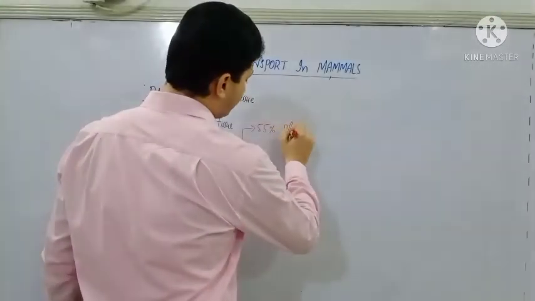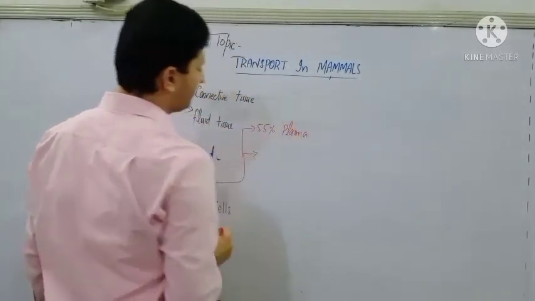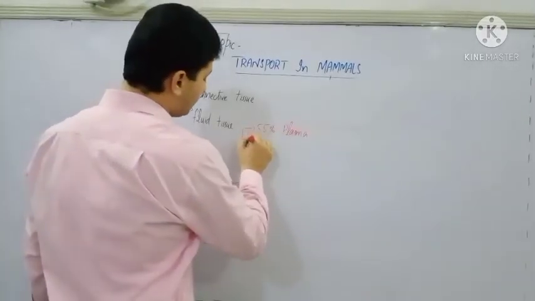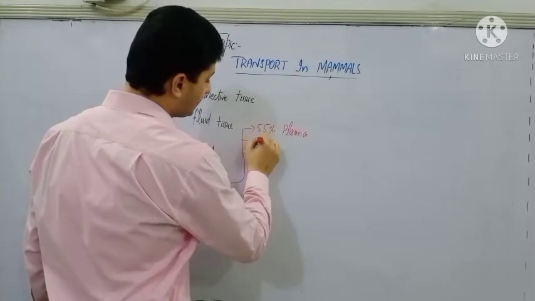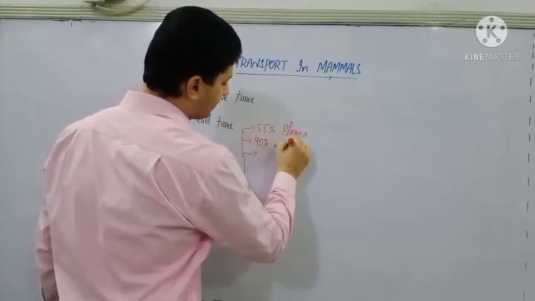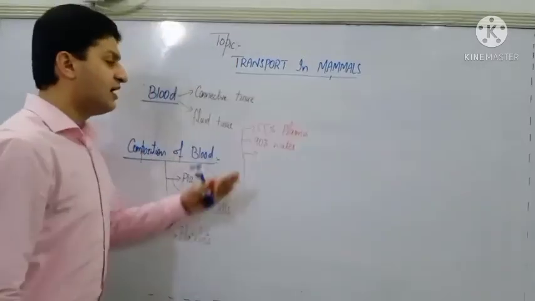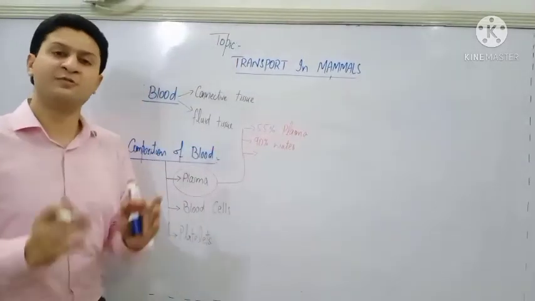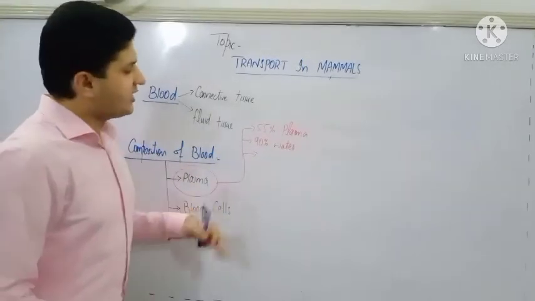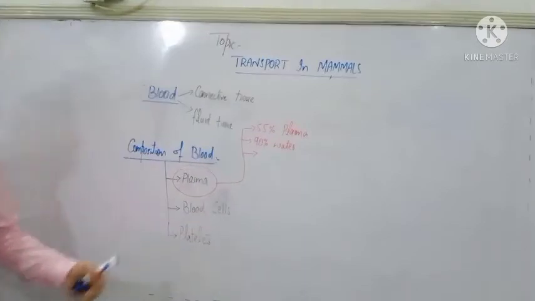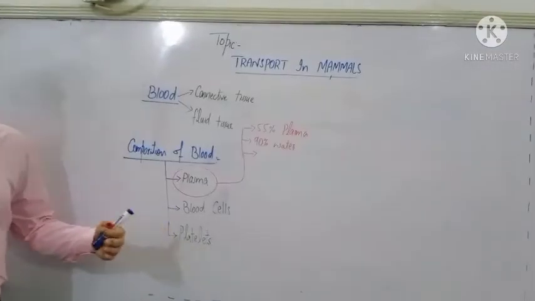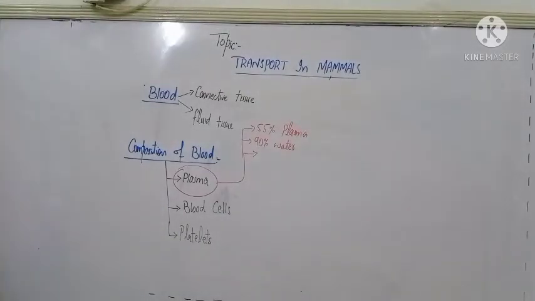And if we talk about the composition of the plasma, it contains 90% water. It means its major component is water. And it has many other things as well. These constitute only 10%.